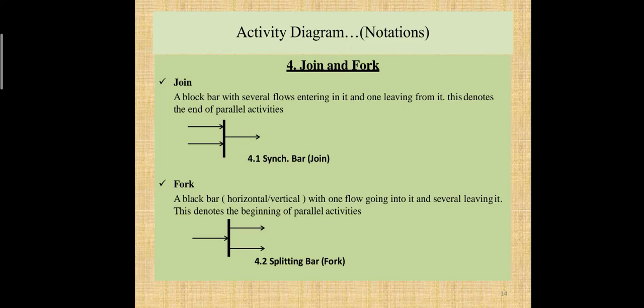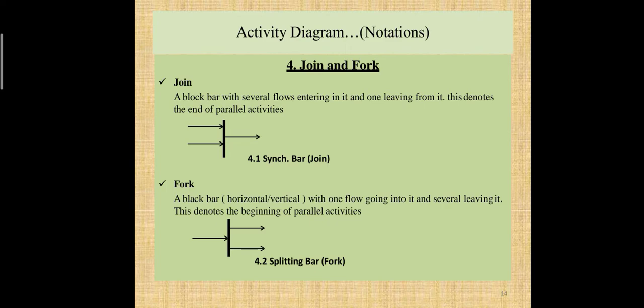The next notation that is used in the activity diagram is the join and fork notation. So, what is a join and what is a fork? We will see it. Join is a black bar with several flows entering it and one leaving from it. That means when we have multiple incoming inputs and we want to join all these inputs to produce only one output, we can use this join symbol, which denotes the end of parallel activities.